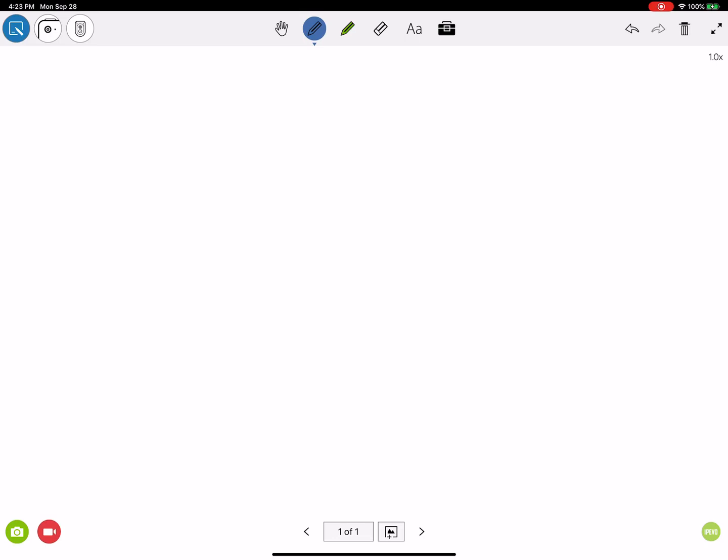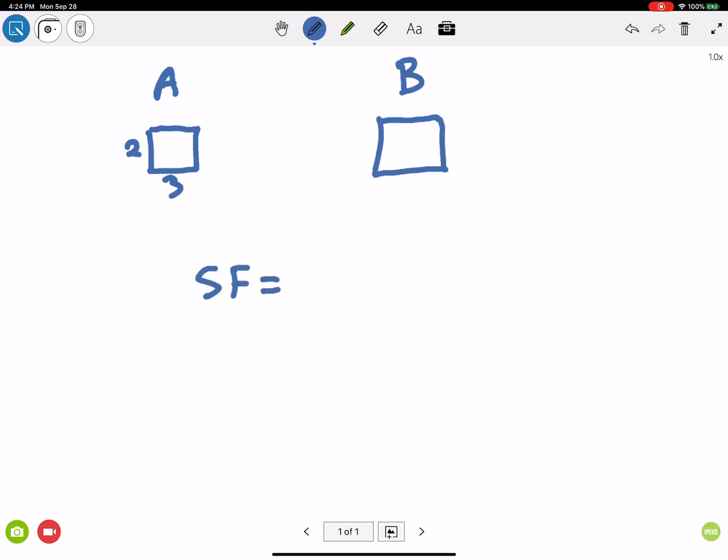So if I have this box and it's a 2 by 3 box, okay, and I tell you that the ratio from box A to box B is 1 to 2, okay, meaning that the scale factor is 2. Notice that box B is bigger.